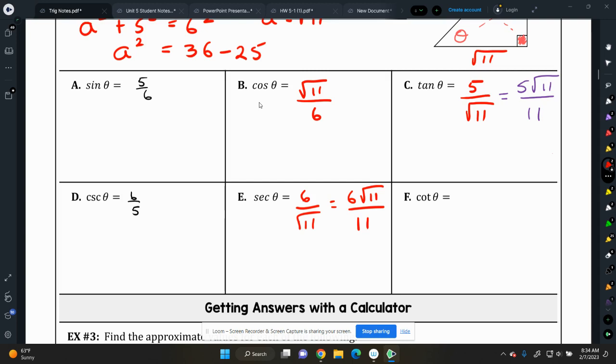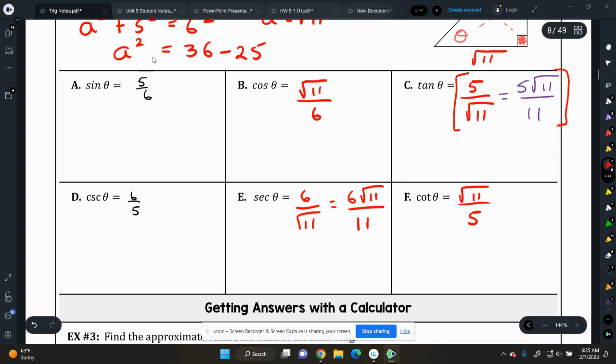Now, when you have one like this, instead of flipping the final answer, I'm going to flip it before I actually simplify it. Because doing that is going to move the radical up top, and that's perfectly fine. And that's going to be a whole lot easier than flipping the actual final answer. So if you recognize that ahead of time, it's going to save you a lot of work. Okay.